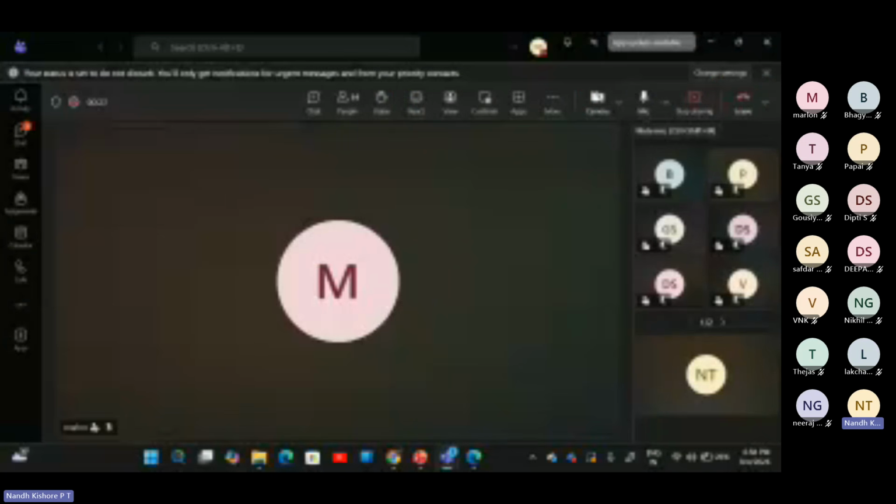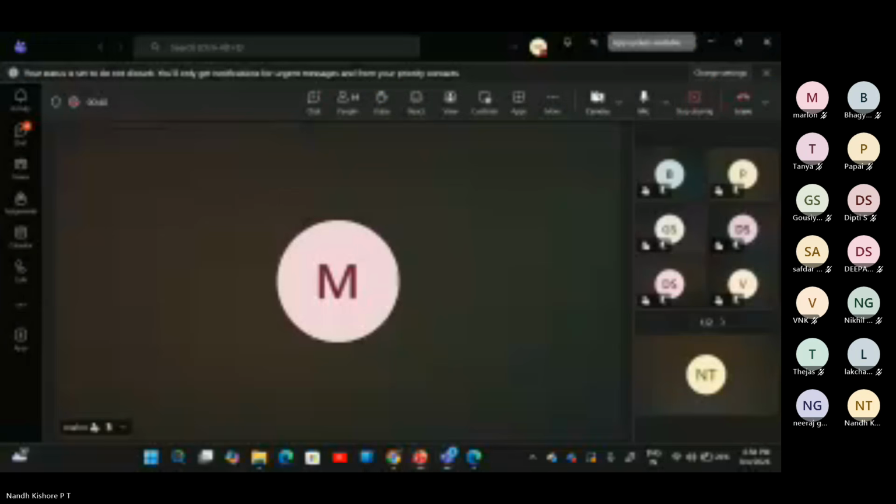Yeah, is my screen visible now properly? Still it is blur. Oh, still it is blurred. You are not able to see anything that's written in my PPT? No. Okay.